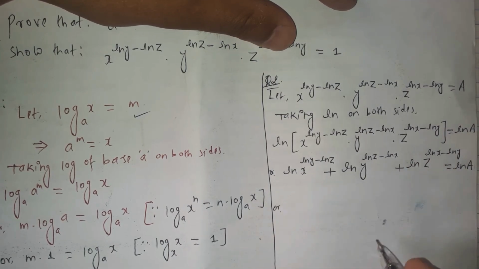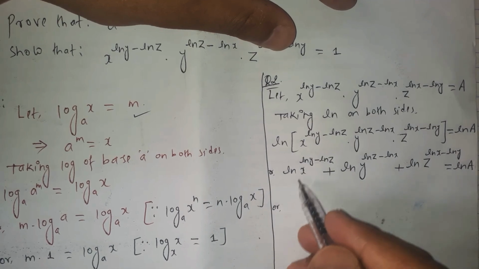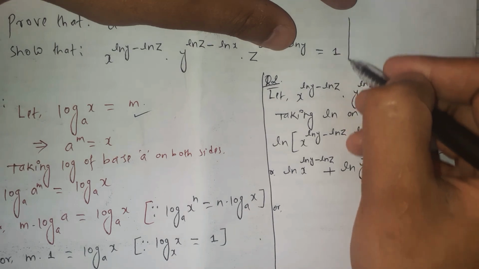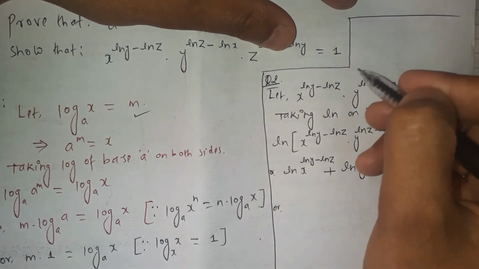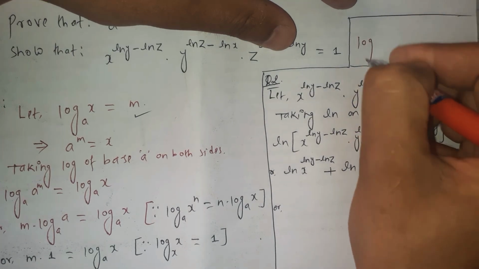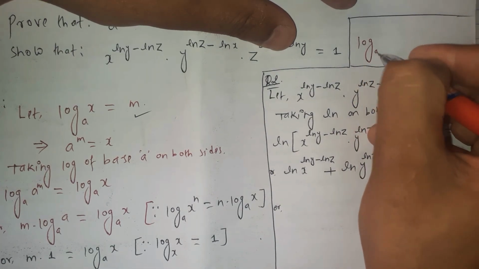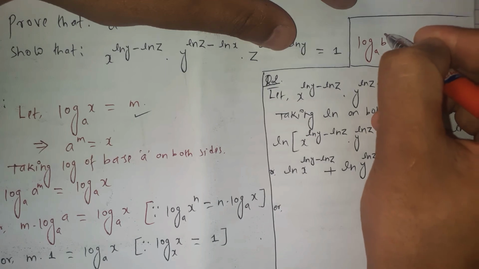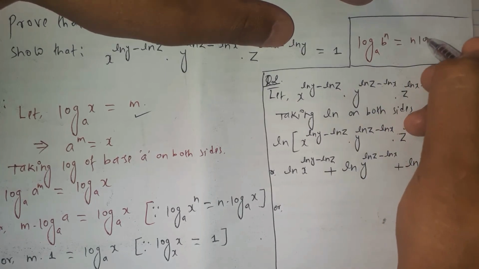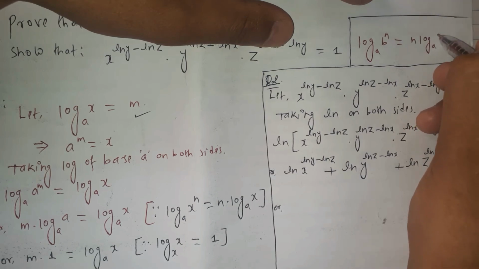Now simplifying this expression, we can use the power law in this step. Let me write the formula here: log with base a of b to the power n is n times log with base a of b.